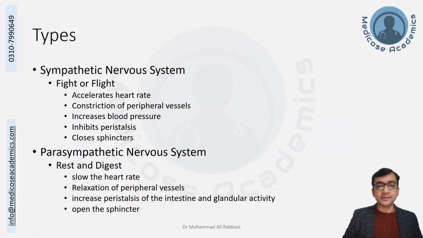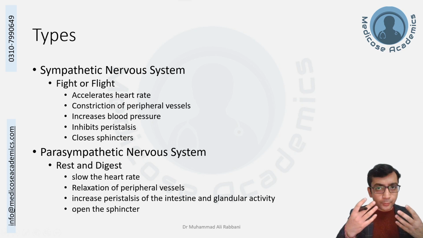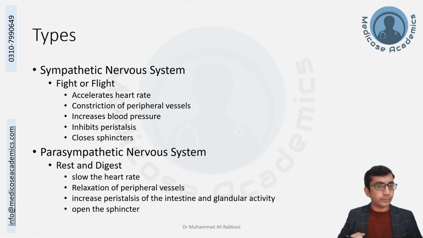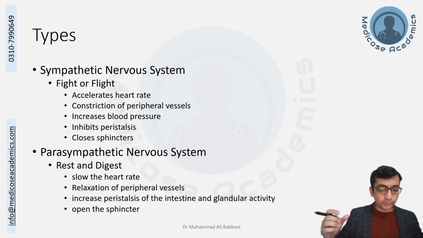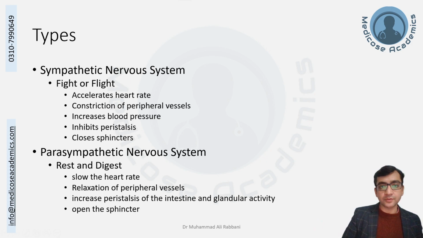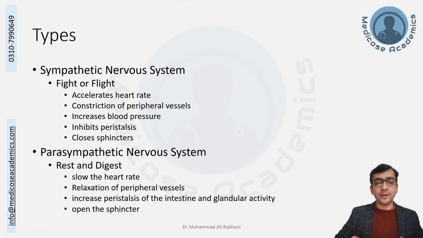So in the sympathetic nervous system, the heart rate increases, the blood pressure increases, the peripheral vessels constrict, the blood goes to the muscles, you forget about going to the washroom, your sphincters are closed, the blood is supplied to the core. Those are all the functions of the sympathetic nervous system. Your pupils dilate and your hair stands up and all of those, and the list is much larger than what I just told.